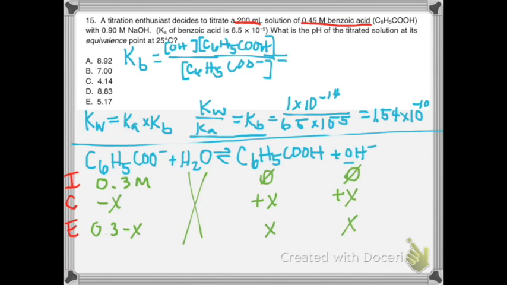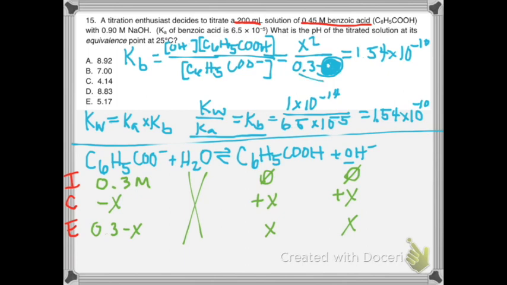Now we can say that x squared over 0.3 minus x is equal to 1.54 times 10 to the minus 10. And as per usual, we can ignore the x that we add or subtract when we have a K that's less than 10 to the minus 5.